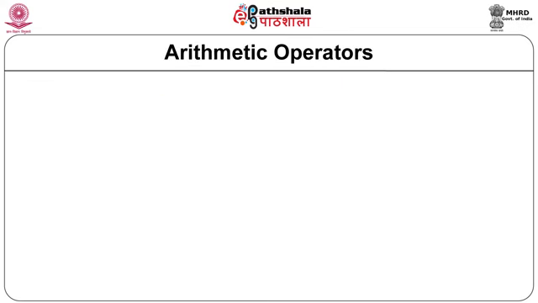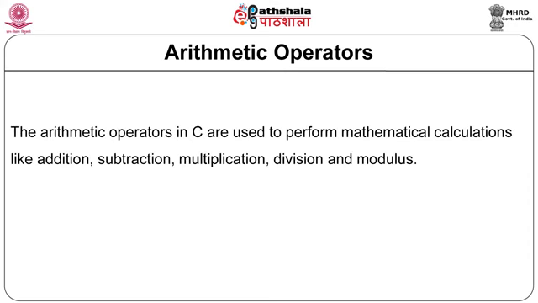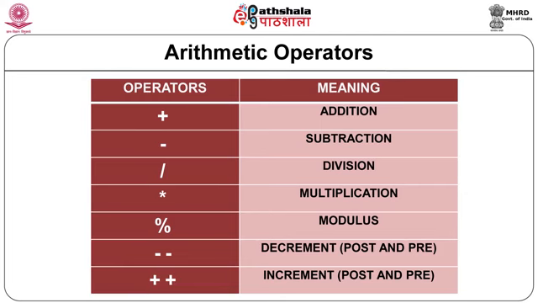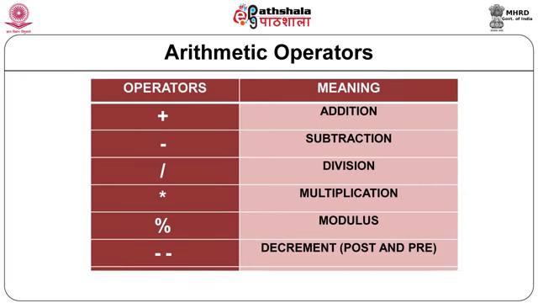Now we will go to the next type of operator, that is arithmetic operator. Arithmetic operators in C are used to perform various mathematical calculations like addition, subtraction, multiplication, division and modulus. Generally these operators are required for performing different tasks for the programmer. Here I have given a list of arithmetic operators.